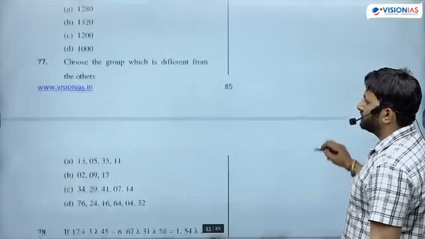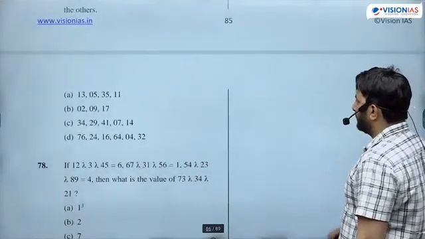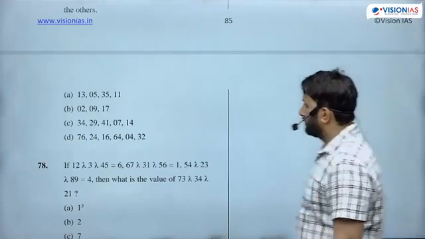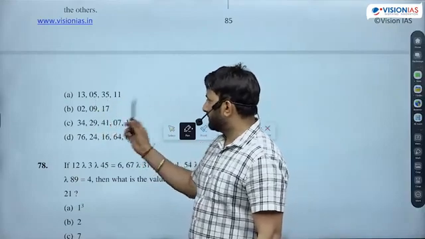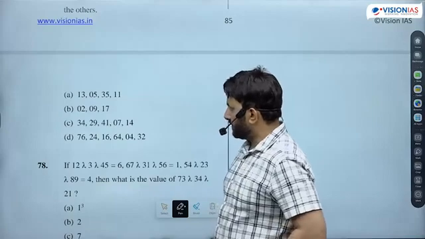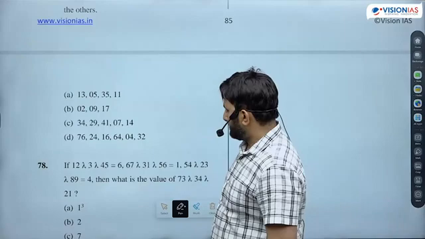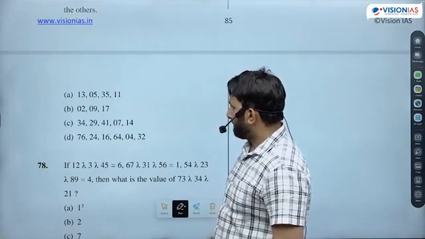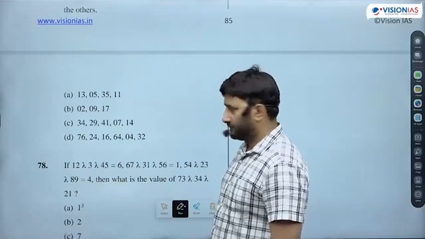Choose the group which is different from the others. That is odd one out निकालना आपको. Odd one out में देखो बच्चे, this is prime, but this is not prime. ये भी prime number है, नहीं है. तो this is not the series of prime numbers. तो सबको ऐड करके देखो एक बार.